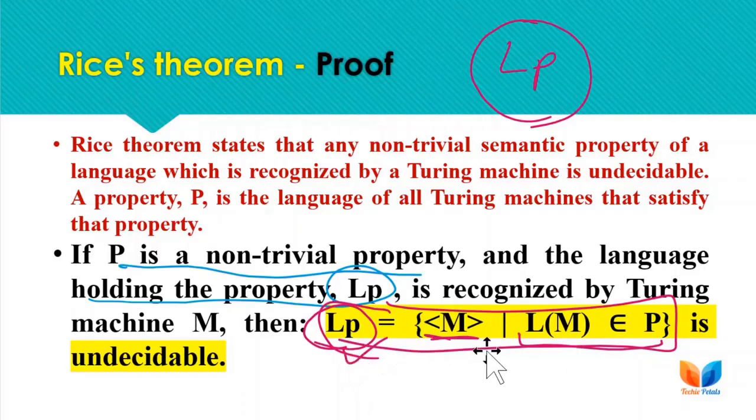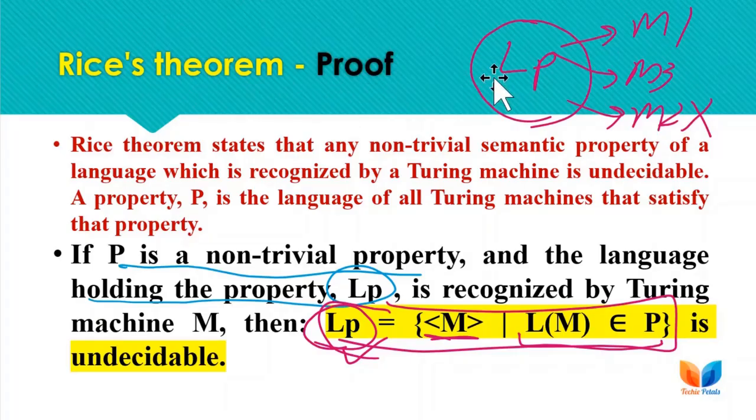We cannot be sure of all the machines. Suppose this property is possessed by M1 and also by M3, but not by M2. If there is any machine that doesn't possess this particular property, then the property is non-trivial and undecidable, because all the machines are not possessing this property.